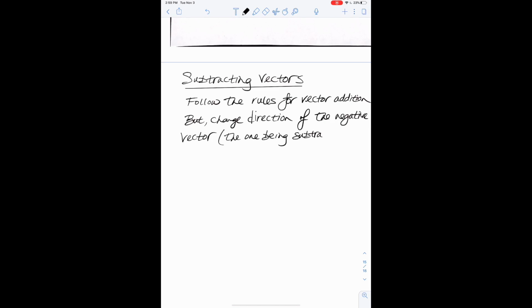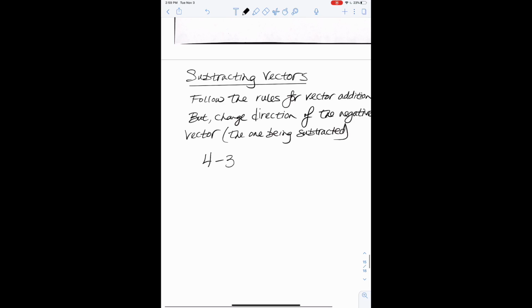So what I'm trying to say is this. We're going to use the fact that when you do a subtraction problem, for instance, 4 minus 3, this is the same as saying 4 plus negative 3. So we're going to use that logic right there, right? In either case, the answer is going to be 1.